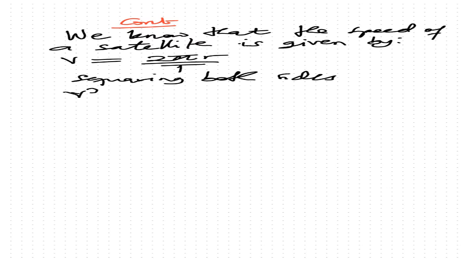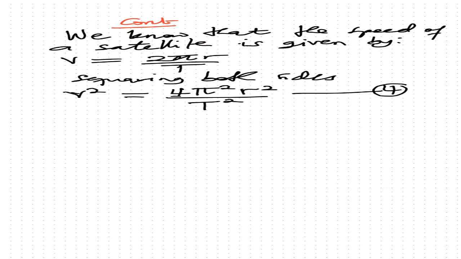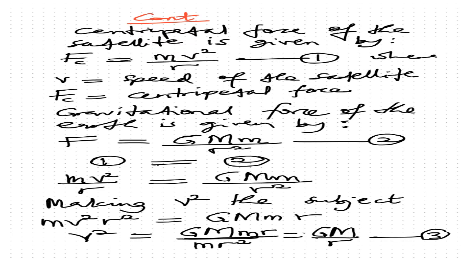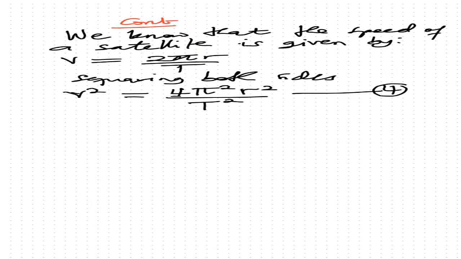V squared will give us, you square the numerator and the denominator, 4 pi squared r squared over T squared. Now let me call this equation 4. Now let's go to our previous page. Equation 3 is finding v squared. And equation 4 is also finding v squared, right?